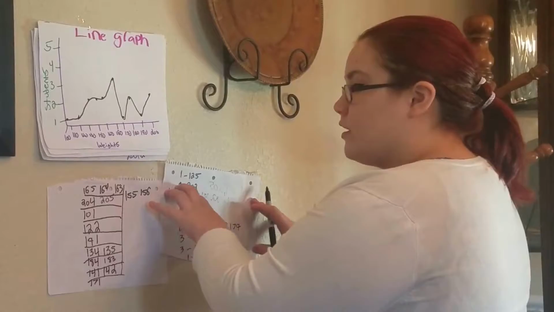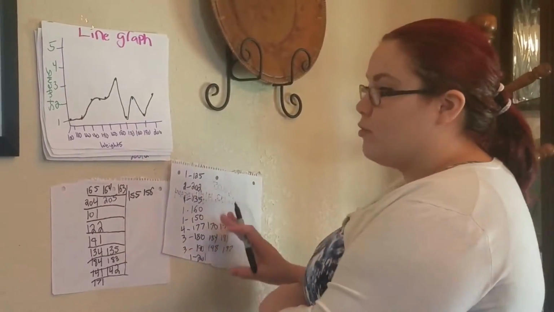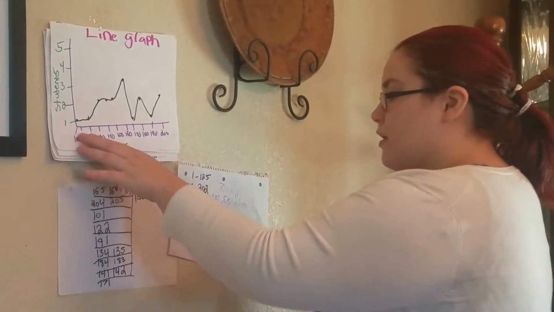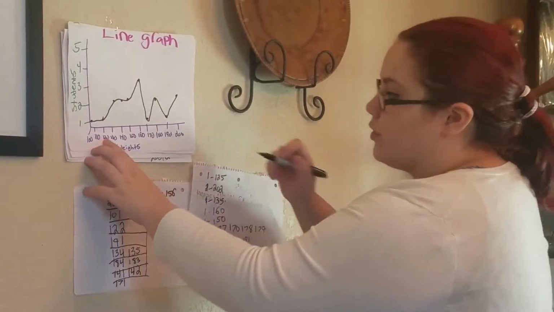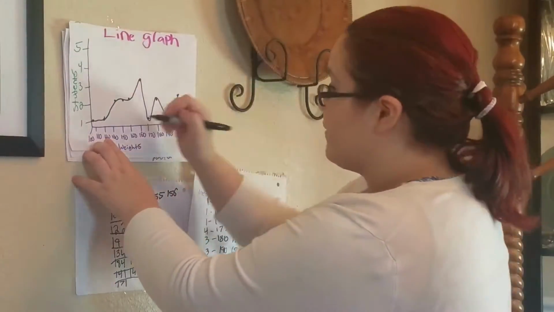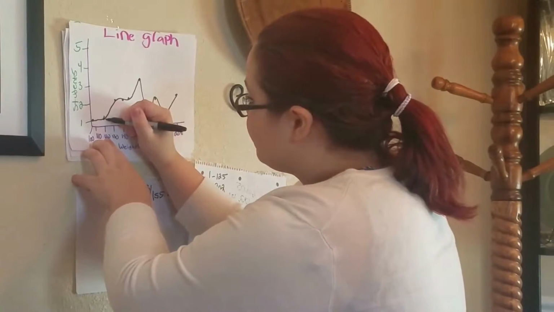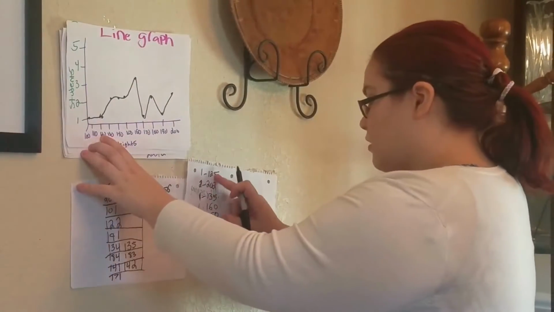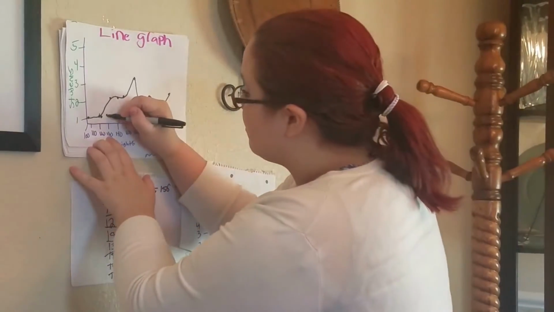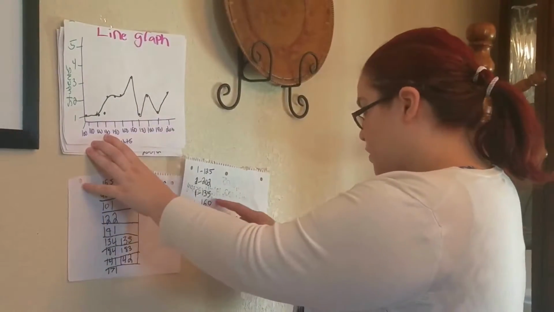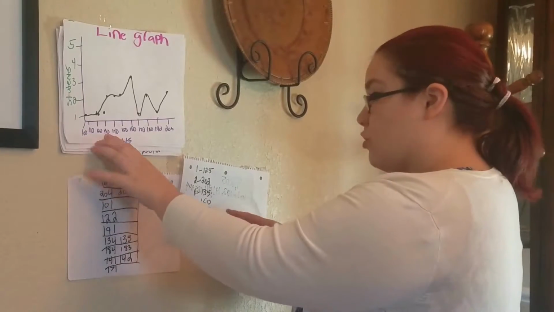So our frequency, we don't have any 100s, so nothing there. No 110s. Our first one is actually 120, so we're going to start our line right there at 1. And then 130. And no 140s.